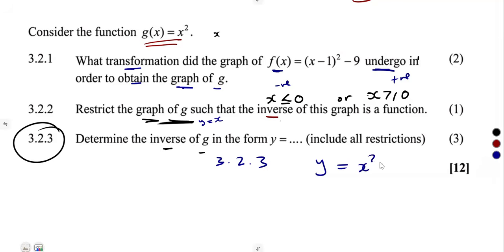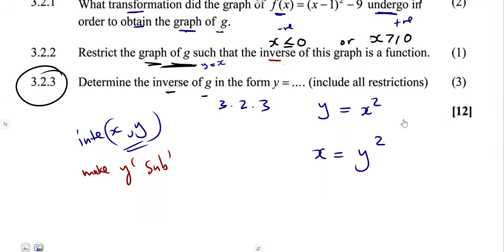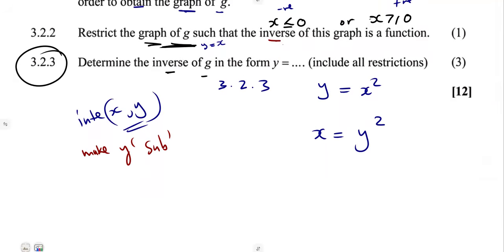x squared. So we interchange x and y first. That's x equals y squared. Then we make y the subject. So if we make y the subject, it is squared. So how do we get rid of the square? We introduce the square root.